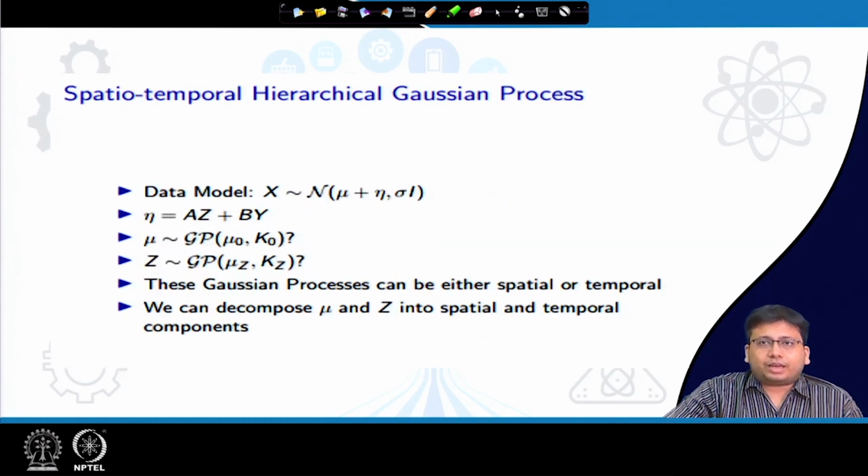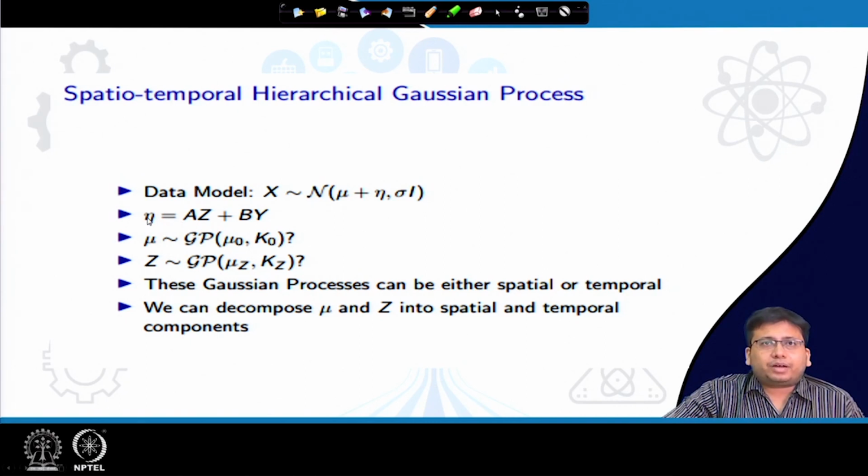Now we use the concept of Gaussian process in the spatio-temporal hierarchical process model that we considered in the previous lecture. The data model is always there. The Gaussian process is to be used on the process model.